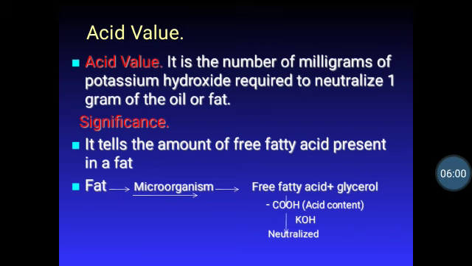Suppose this is fat. Let's see the flow diagram. Suppose this is fat, and fat contains triacylglycerol, which has one glycerol molecule that is 3 carbons long, and each of these carbons is attached to a fatty acid. For any fat, the major content is triacylglycerol.